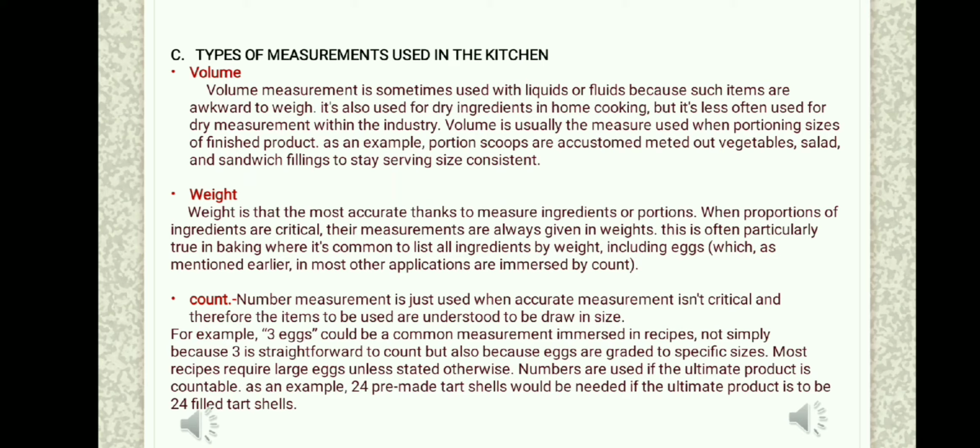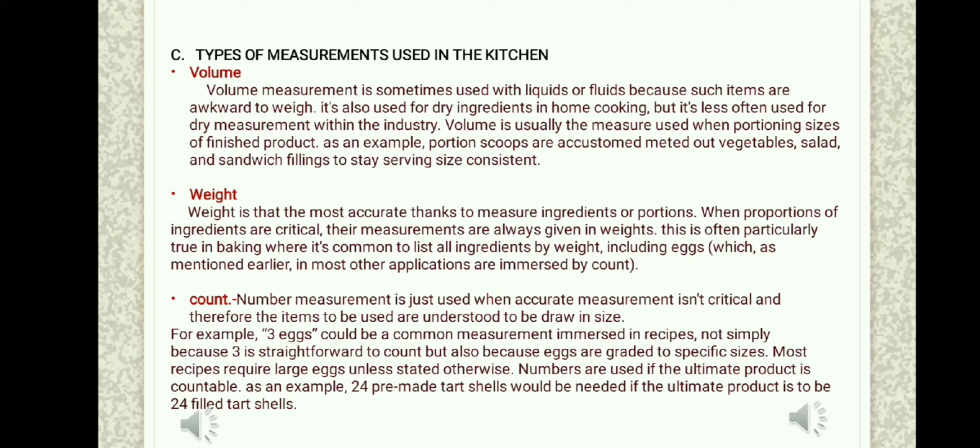We usually use this when measuring liquids or fluids, and it is also used for dry ingredients. Next is weight. You also need to know how many grams or kilos you are going to use in preparing food.